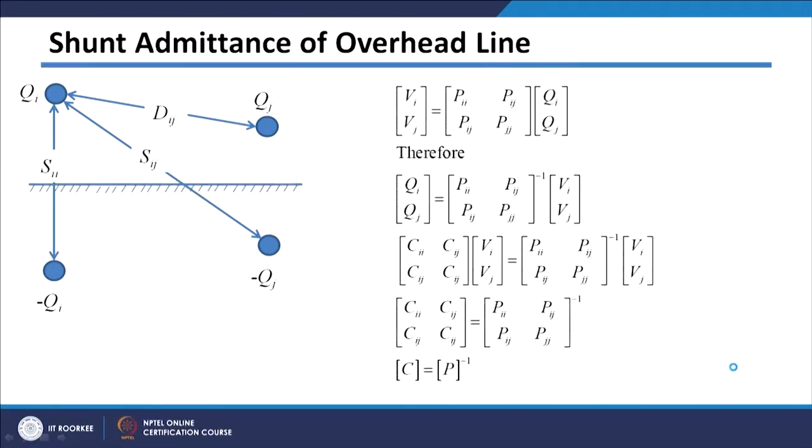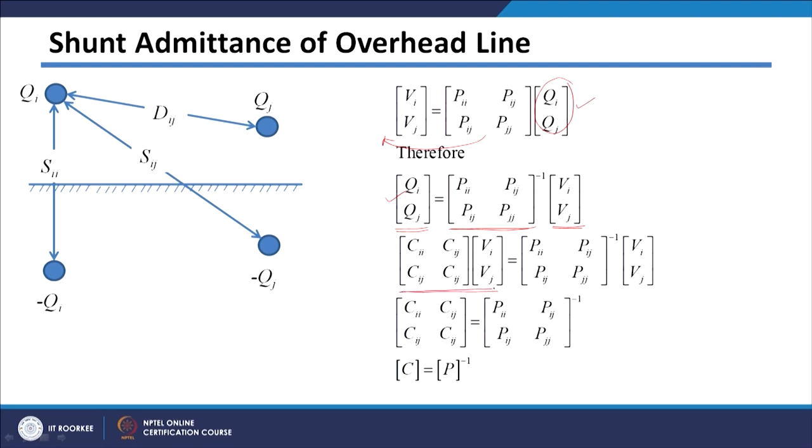Once you get this matrix, I can write the charges Qi, Qj by just taking the inverse of this and multiplying by Vi, Vj. So Qi, Qj will be equal to this matrix of potential coefficients multiplied by Vi, Vj. Then we know that these charges can be written in terms of capacitance and voltages, because Q is equal to CV. In this case, since there are two charges, the capacitance matrix will be a 2 by 2 matrix.